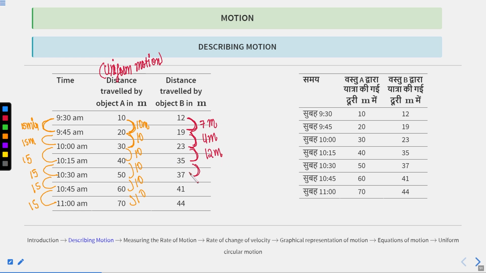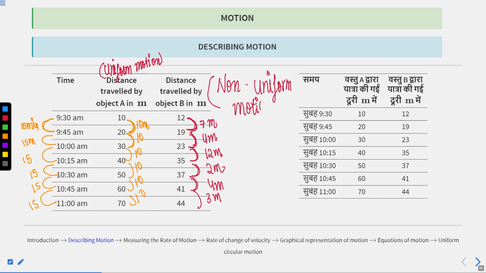Then the object B slows and it has only covered 2 meters. After that it has covered 4 meters, then 3 meters. So object B is covering unequal distance in equal intervals of time. So object B is in non-uniform motion.